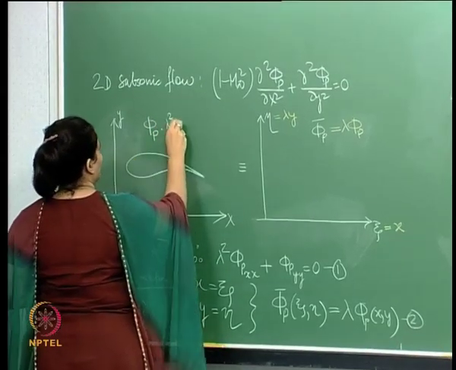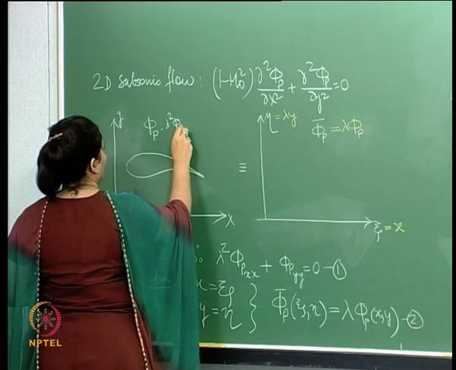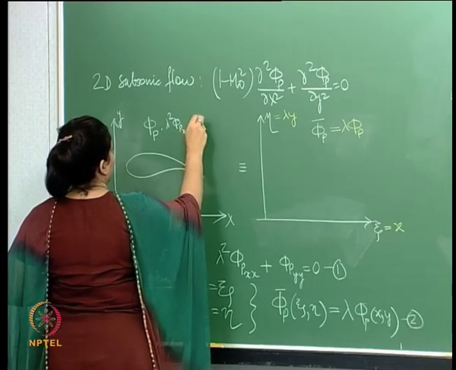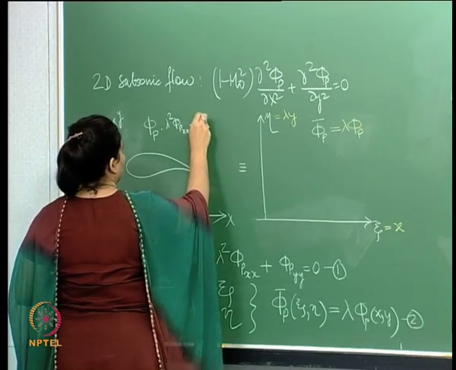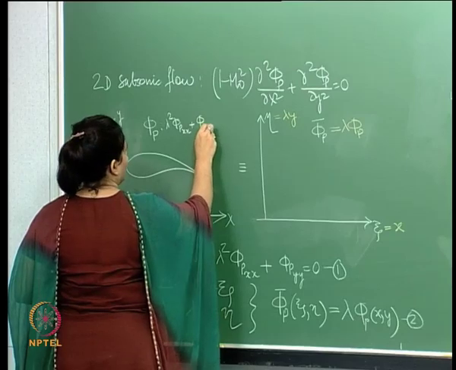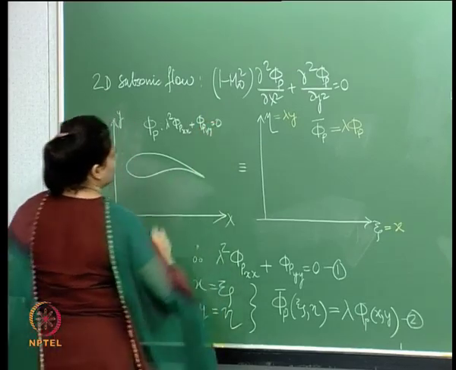So this is our equation here, and the governing equation here is lambda square phi p x x plus phi p y y is 0.